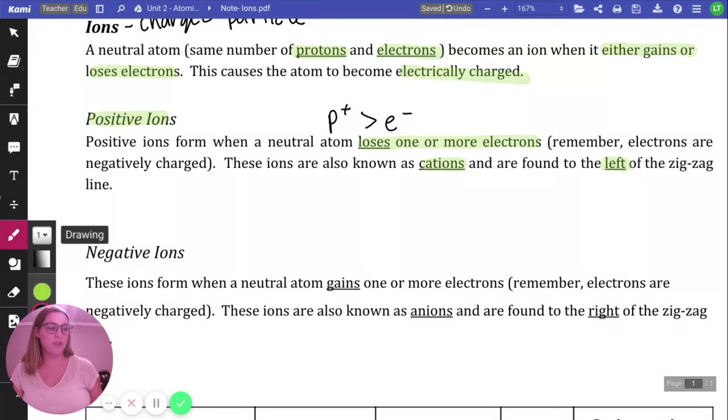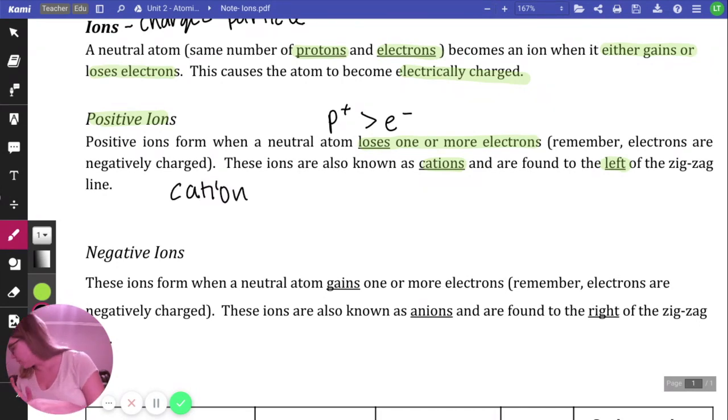I do have a fun way to help you remember it. It's called a cation, and I need help from my assistant with this one. Let me grab my assistant really quickly. Come here. All right, everyone. Cation sounds a lot like cat, and cats have paws. She's biting me.